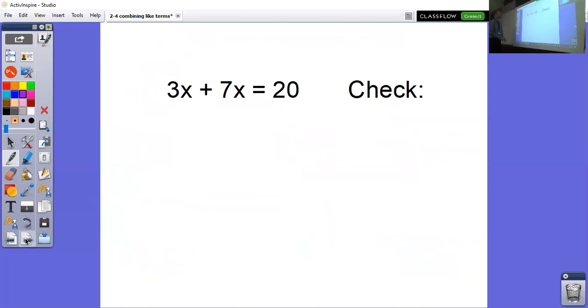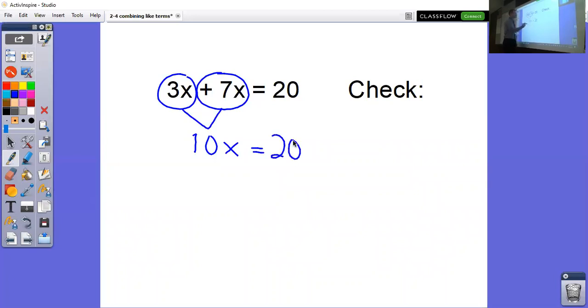So when we go to start solving questions, all right, we have the equation 3x plus 7x equals 20. We can add things together that are on the same side of the equal sign. So we can add together our 3x and our 7x. 3x plus 7x is 10x. Bring down your equal sign, bring down your 20.